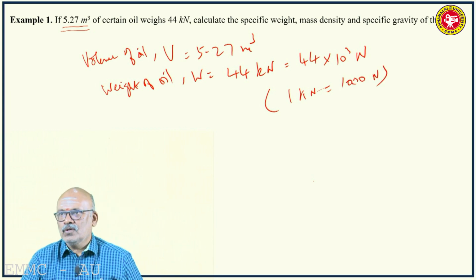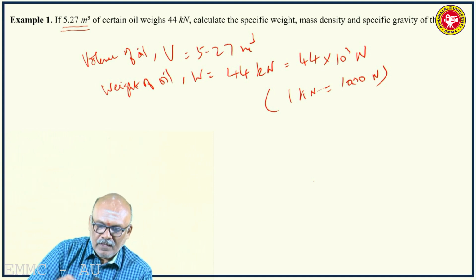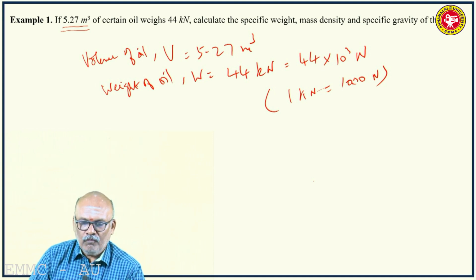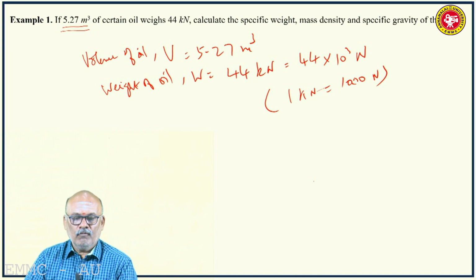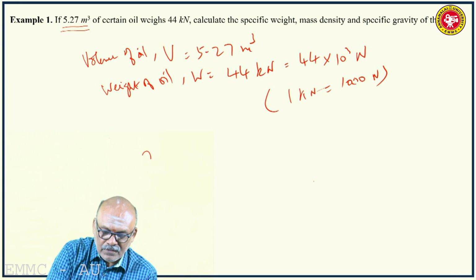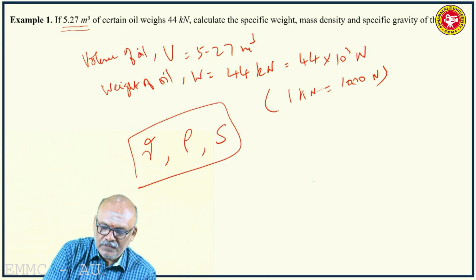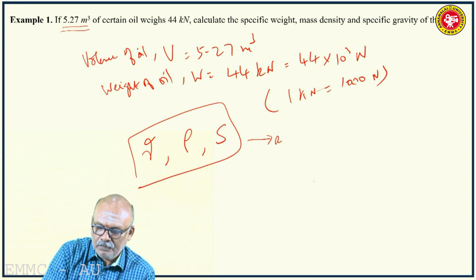So these are the two data that are given: the volume of oil and the weight of that volume of oil. You are asked to find the specific weight, that is gamma, the mass density, and then the specific gravity of oil. These are the things that are required. Okay.